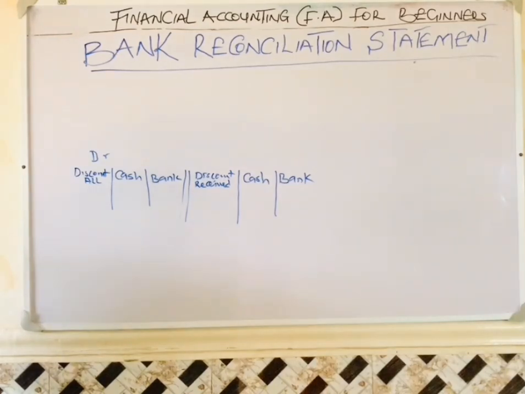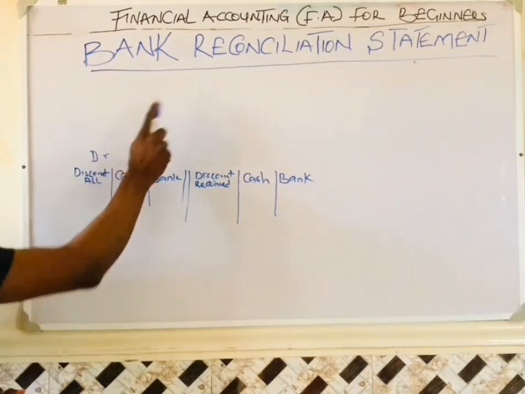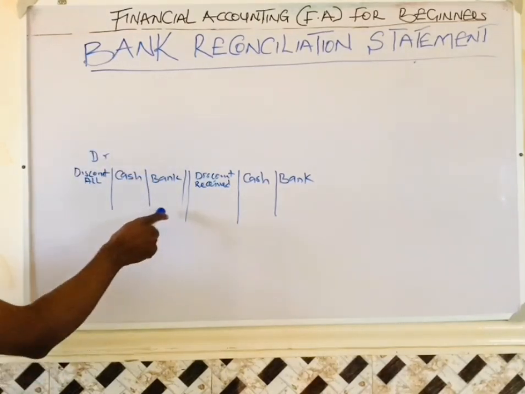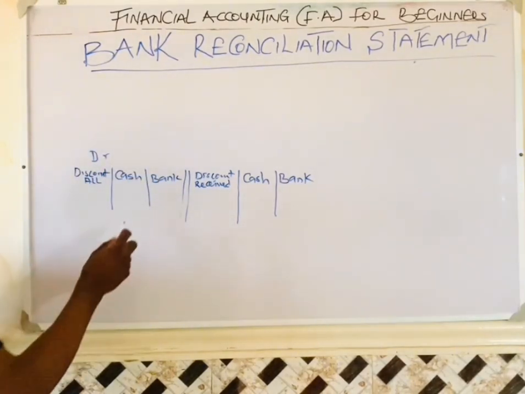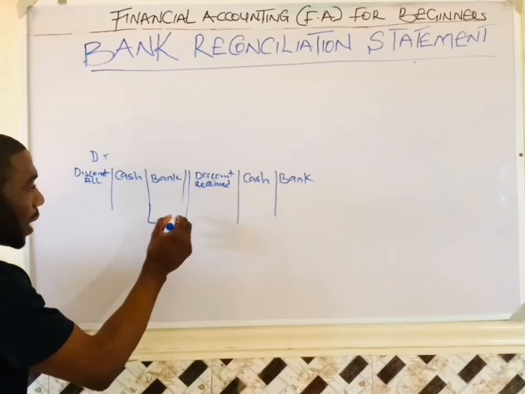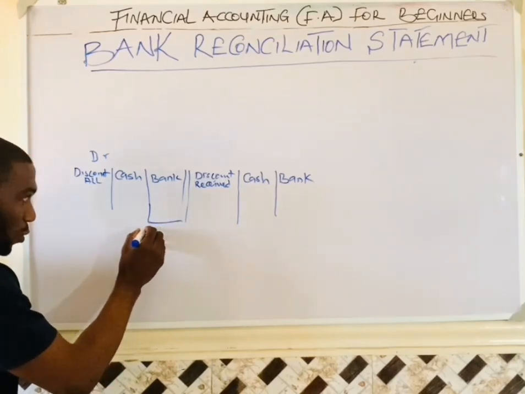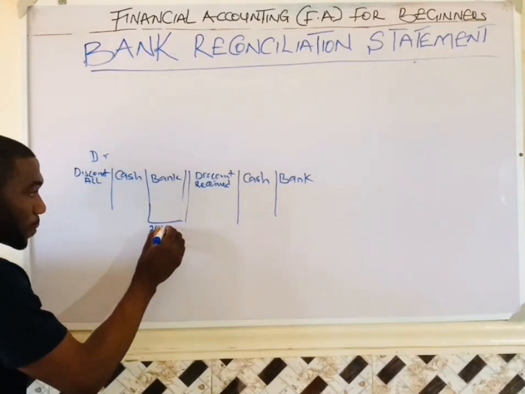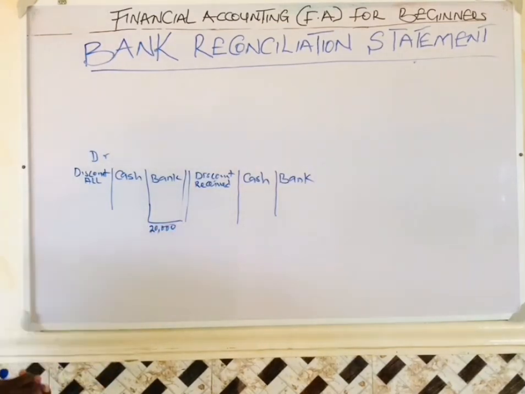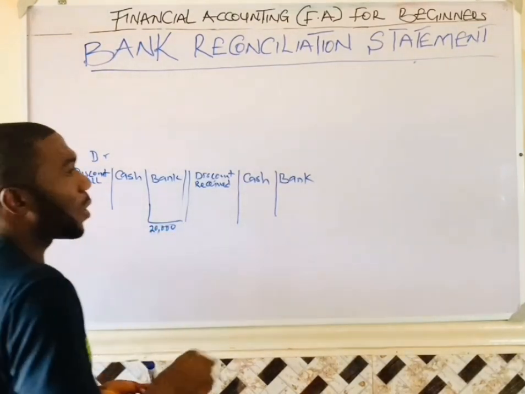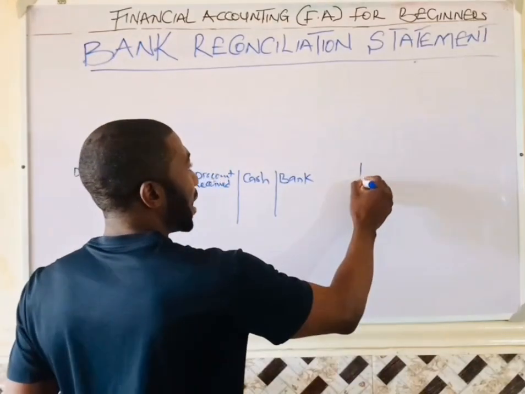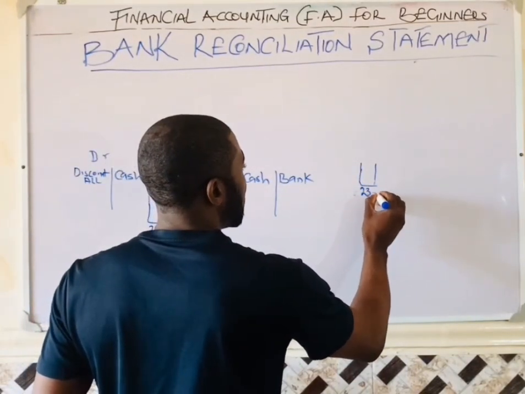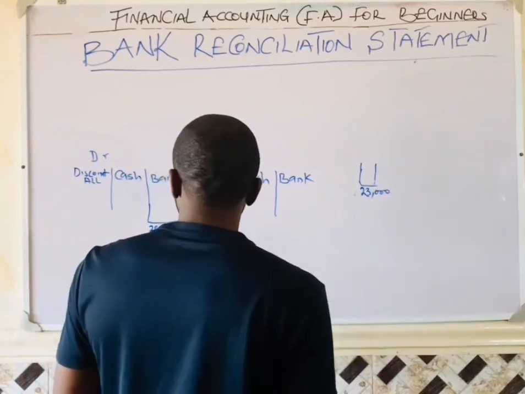So now, for us to reconcile, there must be a problem. That is, the bank column or balance in our cash book, say $20,000, does not balance with our account in the bank, say $23,000.